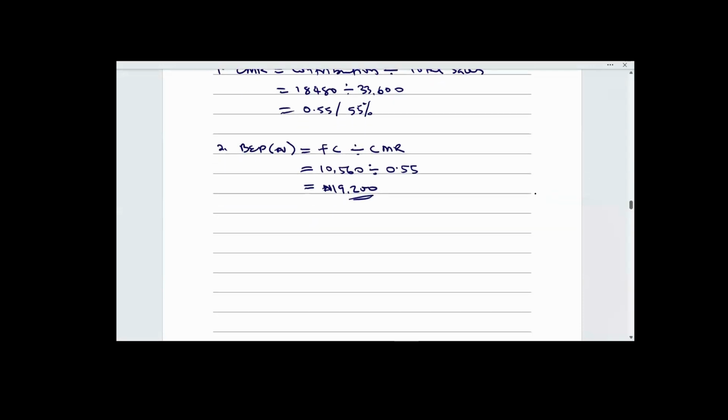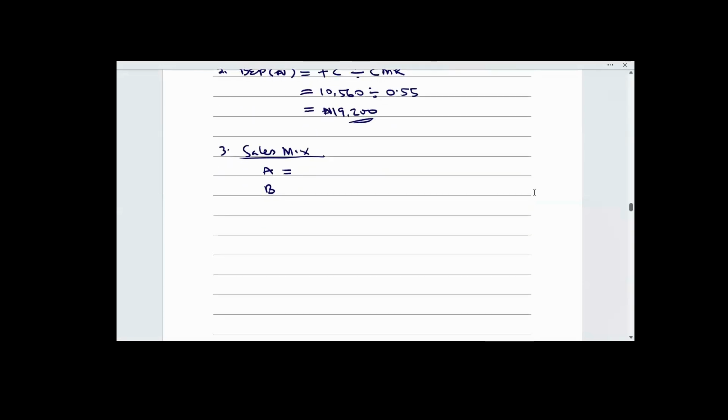Then step 3 says you should calculate sales mix. So how do we get the sales mix? There are 2 products, product A and product B. For product A, I will divide the sales value of product A, which is 8,400, by 33,600.